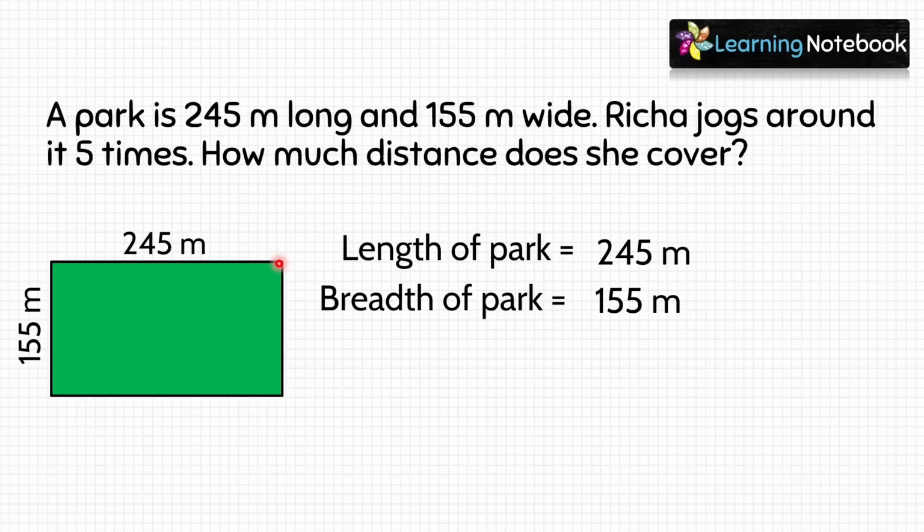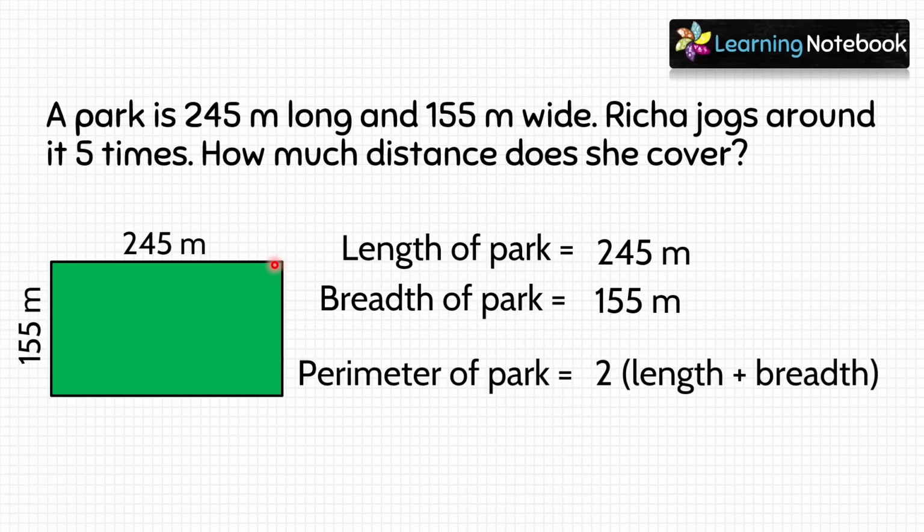And since we are given with length and breadth of the park, we will use the formula to calculate perimeter of a rectangle, which is equal to 2 into length plus breadth.